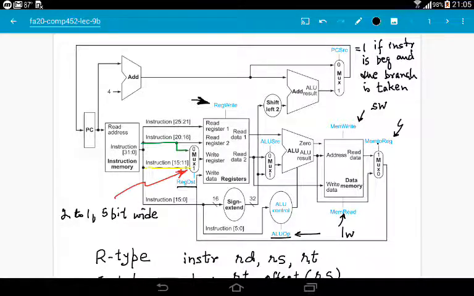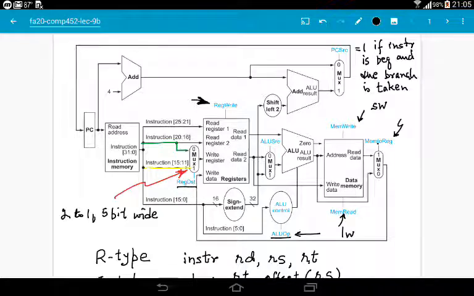These are the outputs of our main controller. So our main controller has 9 outputs.